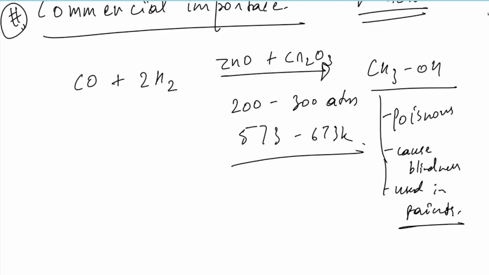In that case, a large amount of ethanol is given to that person so that his kidneys can excrete the excess methanol out of his body. So that's also one of the points regarding methanol.